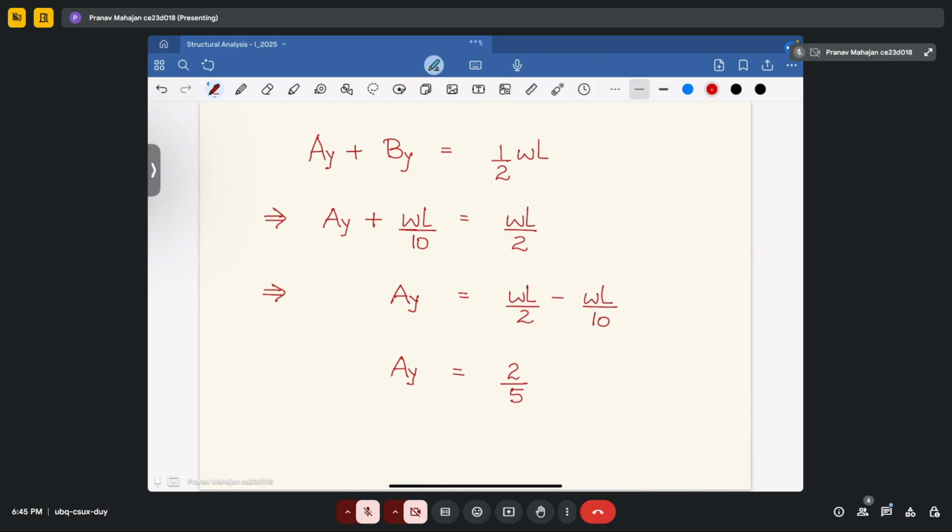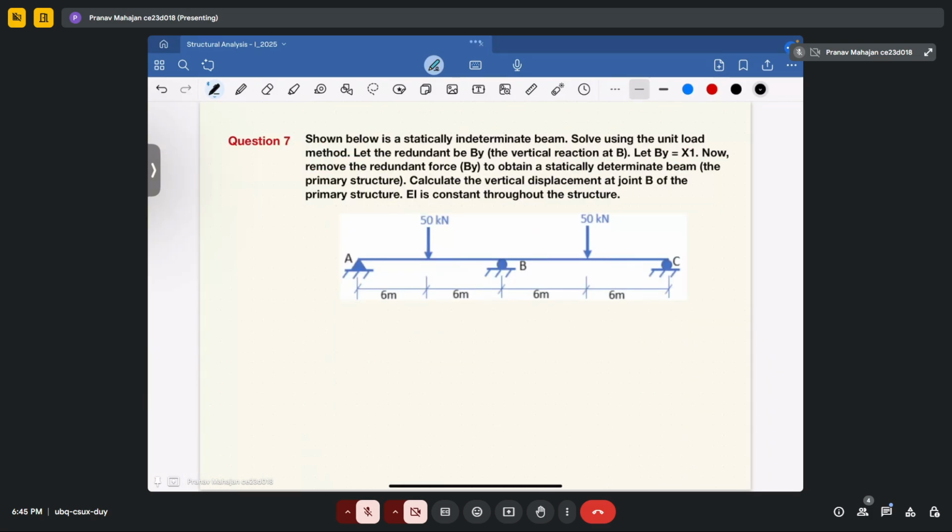So that will be equal to 2 upon 5 WL. Fine. So now we have calculated both the reactions in the fixed support as well as in the roller support also. Okay. So this is how you will solve the problems related to beams which are indeterminate, using force method. Now let's solve some more problems.